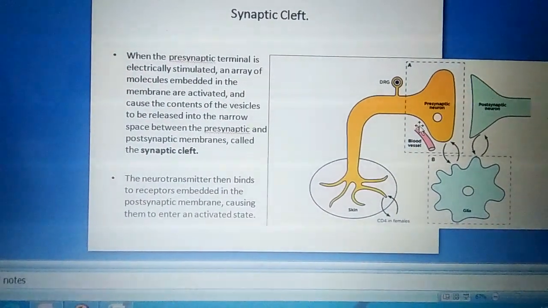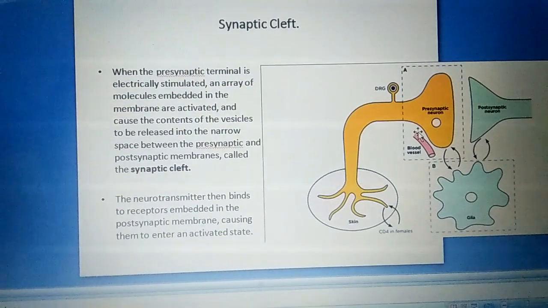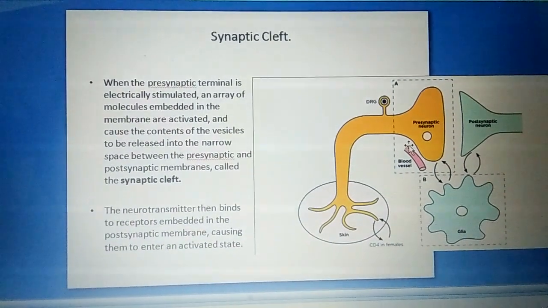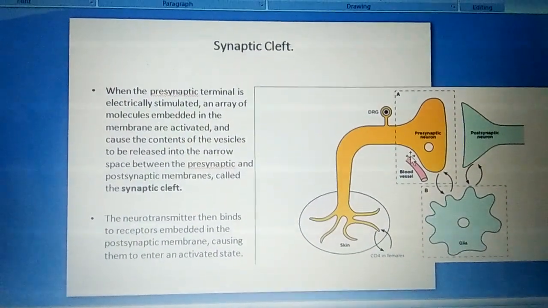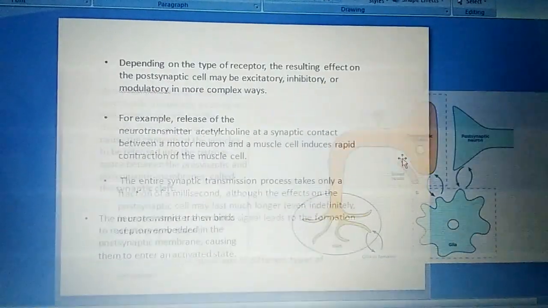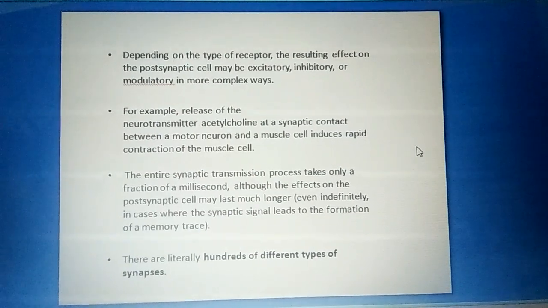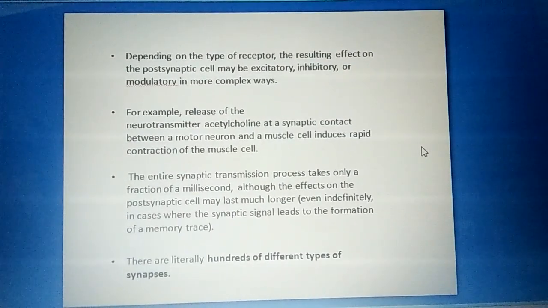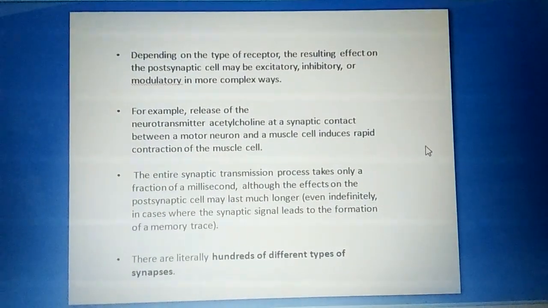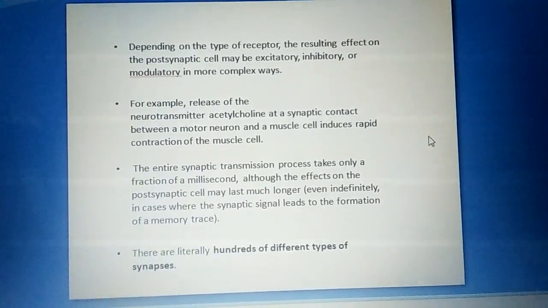The neurotransmitter then binds to receptors embedded in the postsynaptic membrane, causing them to enter an activated state. Depending on the type of receptor, the resulting effect on the postsynaptic cell may be excitatory, inhibitory, or modulatory in more complex ways.